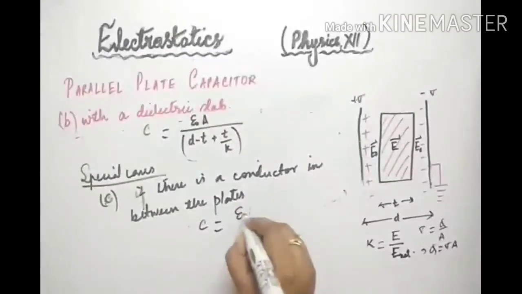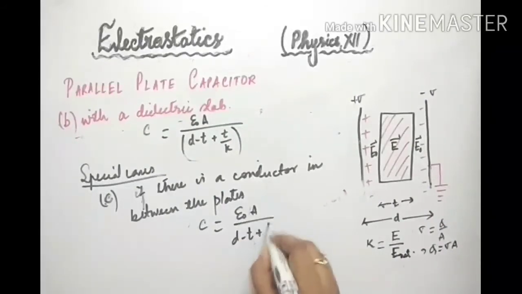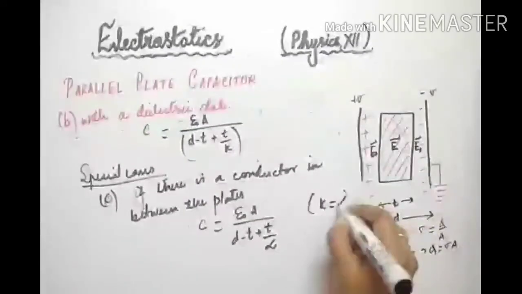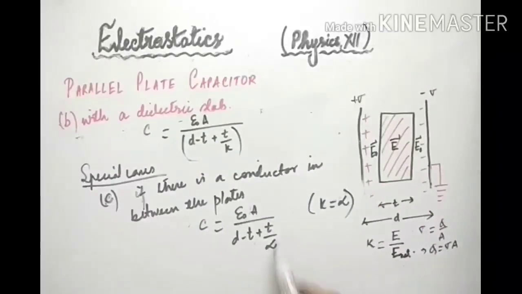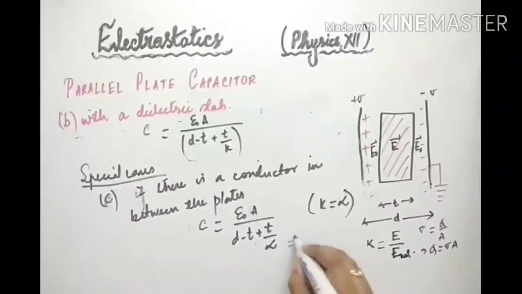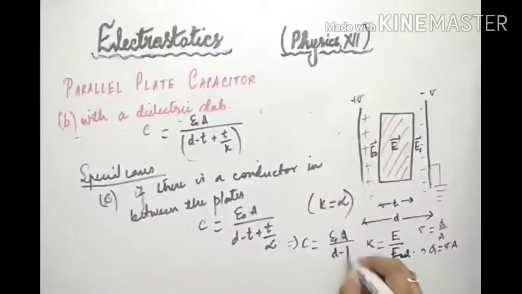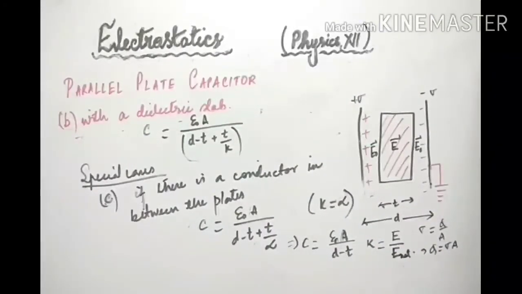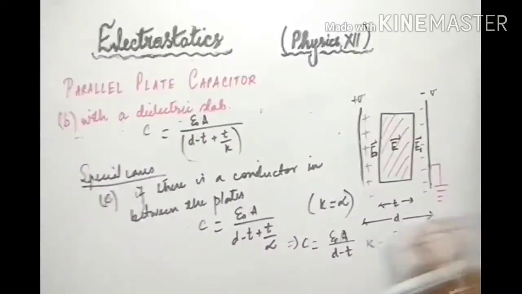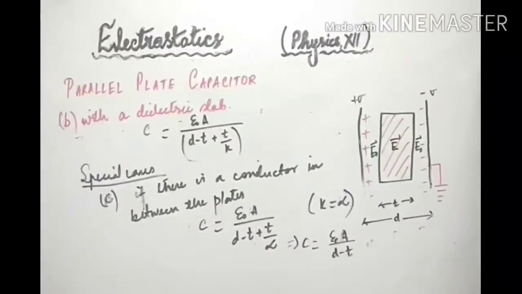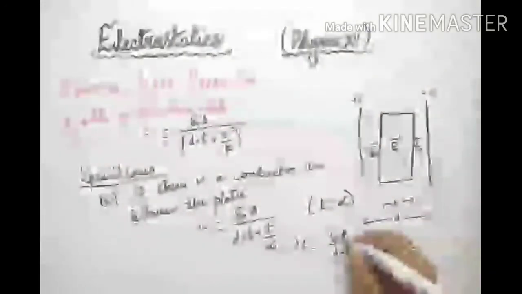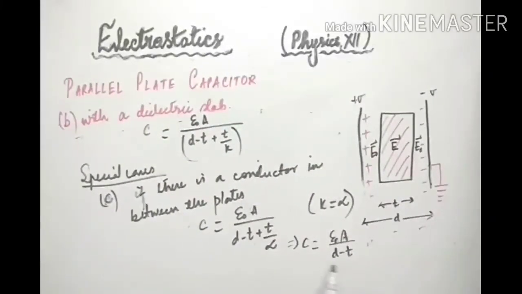For conductors, K is infinity. So what will happen? Something divided by infinity will become 0. So we will get the value, let me write it here, C equals epsilon naught A by d minus t. Again, very important that in place of a metal or a conductor, your capacitance has this value, epsilon naught A by d minus t.